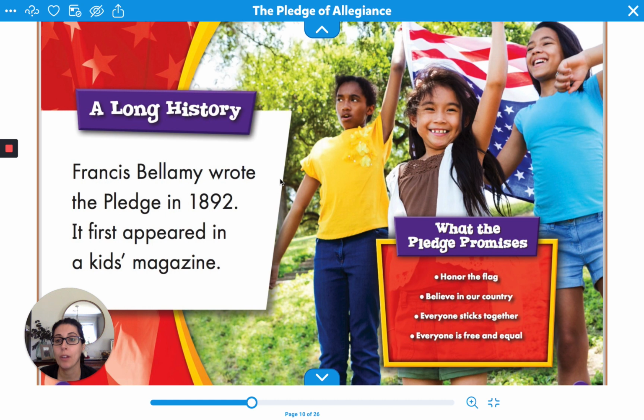Francis Bellamy wrote the pledge in 1892. It first appeared in a kids' magazine. Interesting. What the pledge promises. It promises to honor the flag, believe in our country, everyone sticks together, everyone is free and equal.